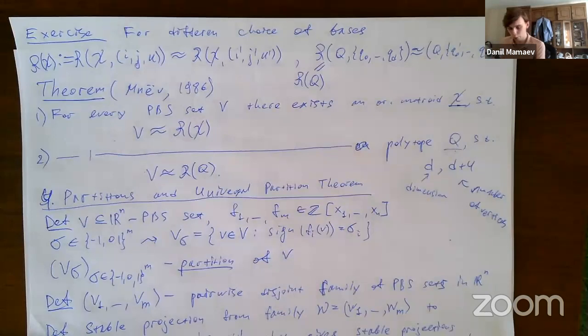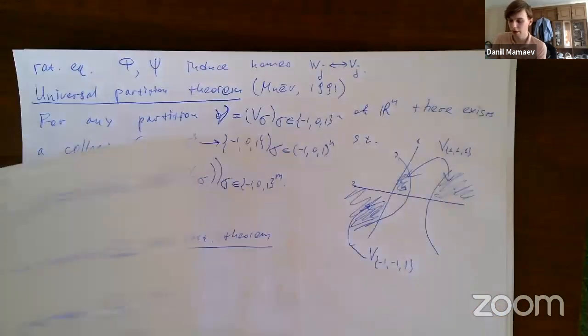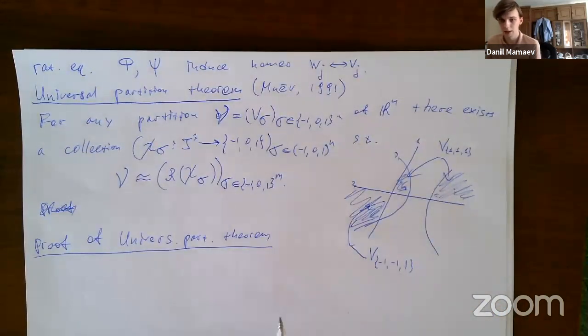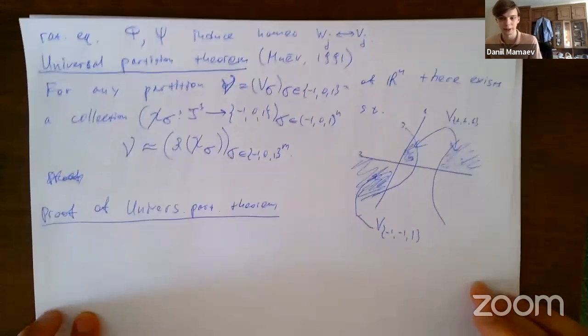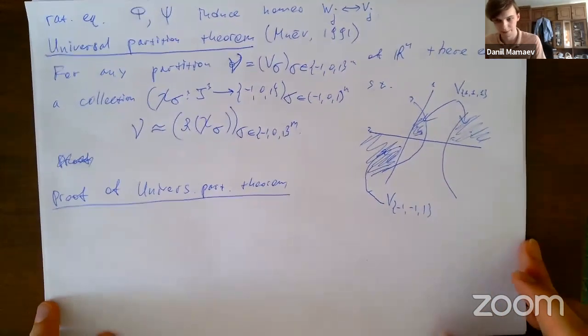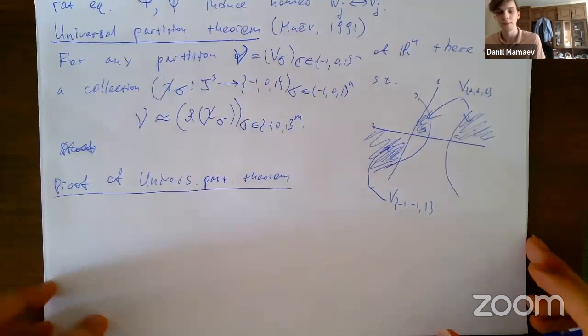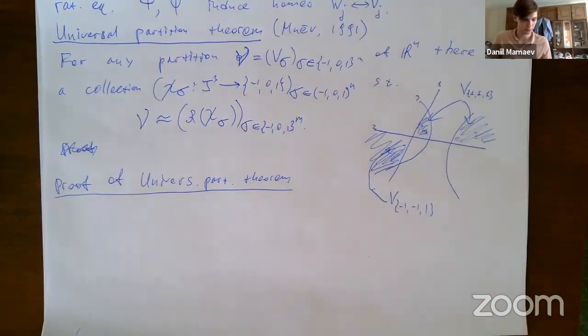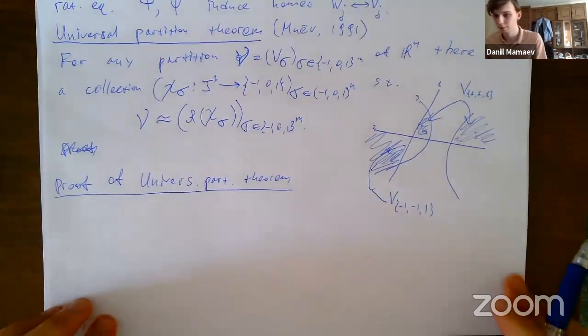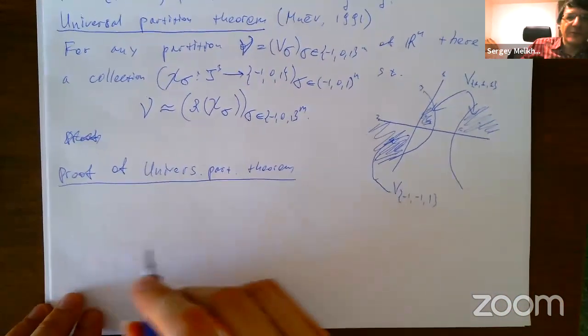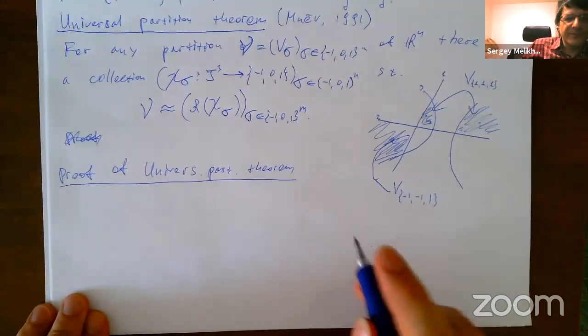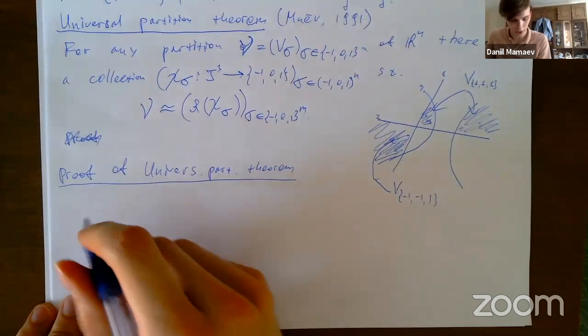But we will not prove this theorem today. We'll prove a theorem for matroids, and then deduce some version of the universality theorem for polytopes from this. Okay? Okay, thank you. Yeah, how do we do this?